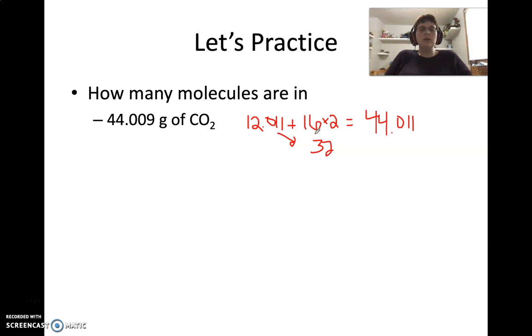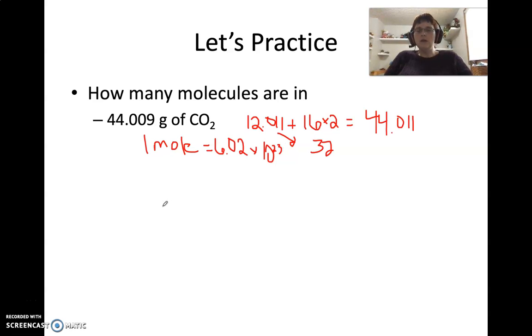I just rounded up because this is actually 15.999. So we're pretty close, which means that we have in this answer 1 mole of carbon dioxide, which is going to give us 6.02 times 10 to the 23rd.